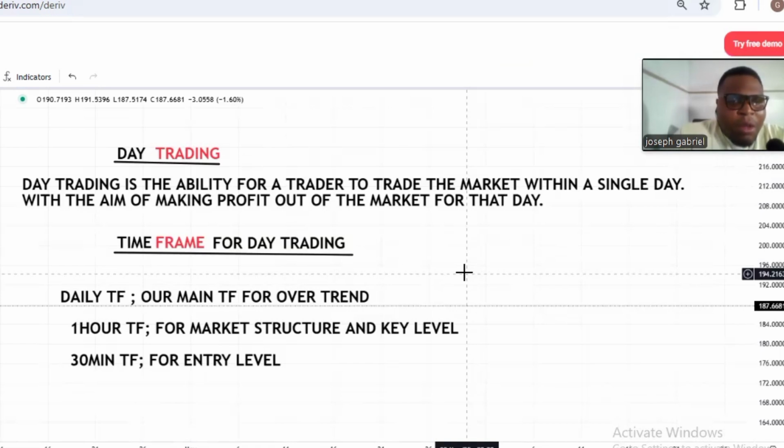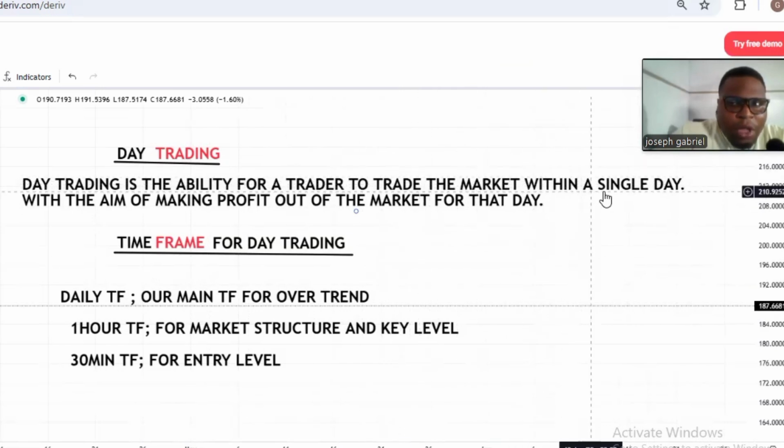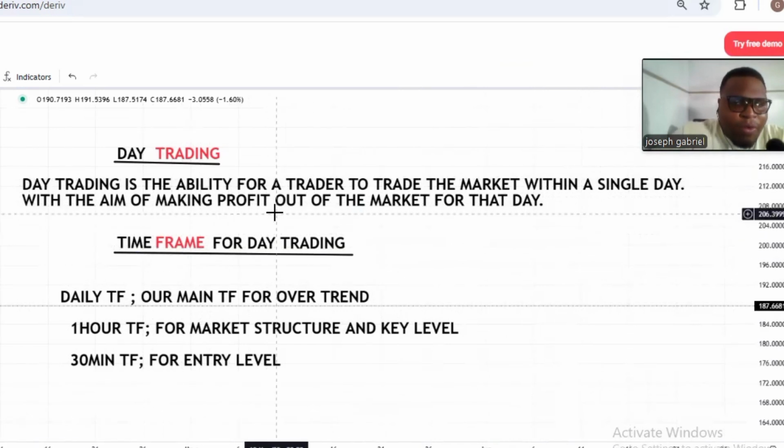Okay, so now we are talking about day trading. The real concept of day trading, everybody has their own way; he or she explains their own day trading. So day trading is the ability for a trader to trade the market within a single day. The aim of the trader is to make profit out of the market for that day.